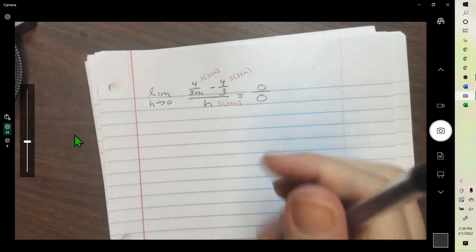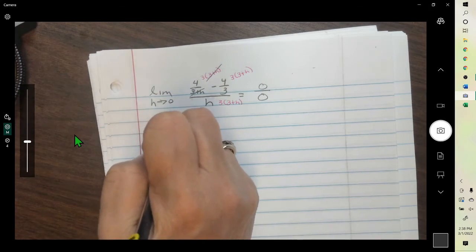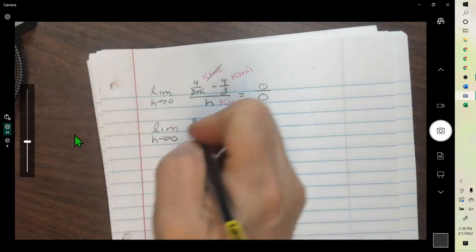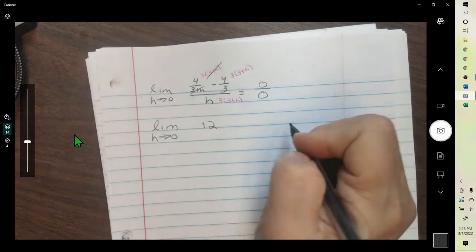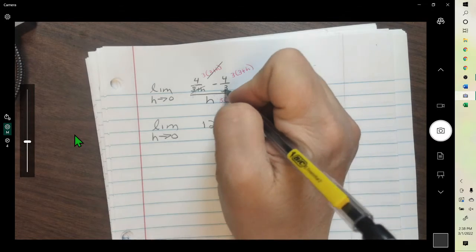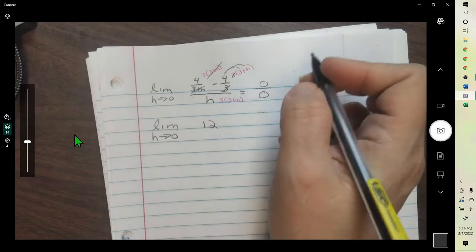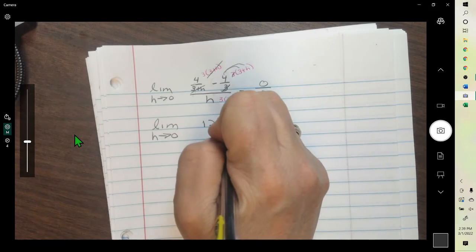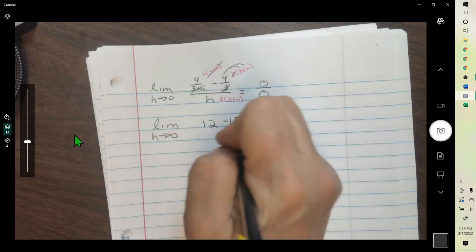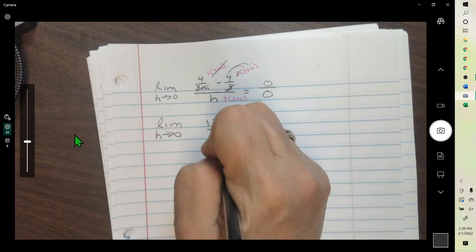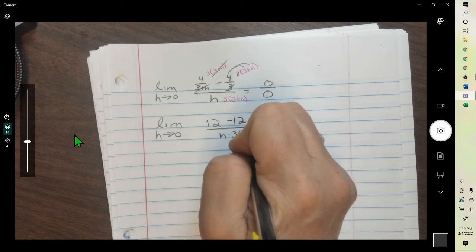So looking at the first one, 3 plus h and 3 plus h cancel. So we have 4 times 3, which is 12. The next one, the 3's cancel, and we have a negative 4 times both of these. Negative 4 times 3 is a negative 12. Negative 4 times h is a negative 4h. All over h times 3 plus h.